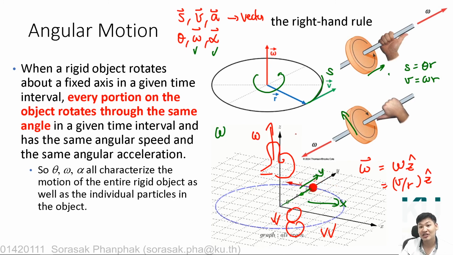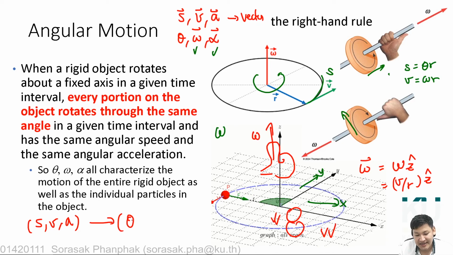If we would like to determine, rather than the s, v, a, now we move to theta, omega, and alpha. Since we would like to define the quantities in terms of angular representation, you rather use the polar coordinate than the Cartesian coordinate.